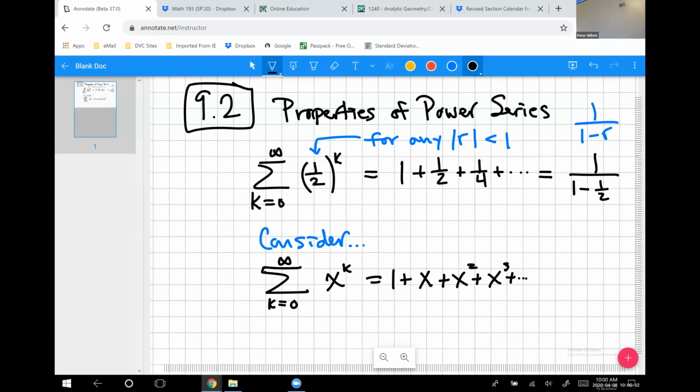It's an infinite degree polynomial. In this case, the coefficients in front of each term are all a 1, so it's a very simple example. It's kind of the simplest example of a power series that we can start with, because all the coefficients are just 1.